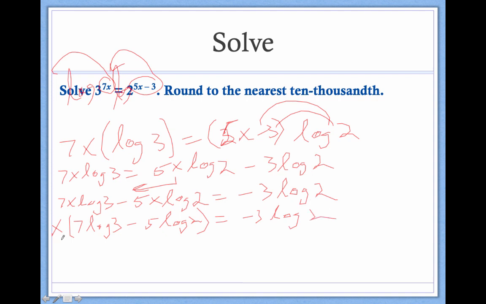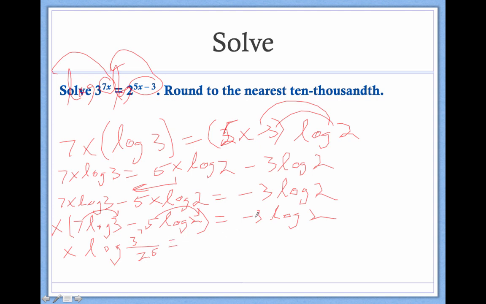And now I could divide both sides by this. I would clean this up first. I would put the 3 up, the 7 up there, and I'd put the 5 up there. And I would turn this into a single log of 3 to the 7th divided by 2 to the 5th. A lot happened right there, I understand that.